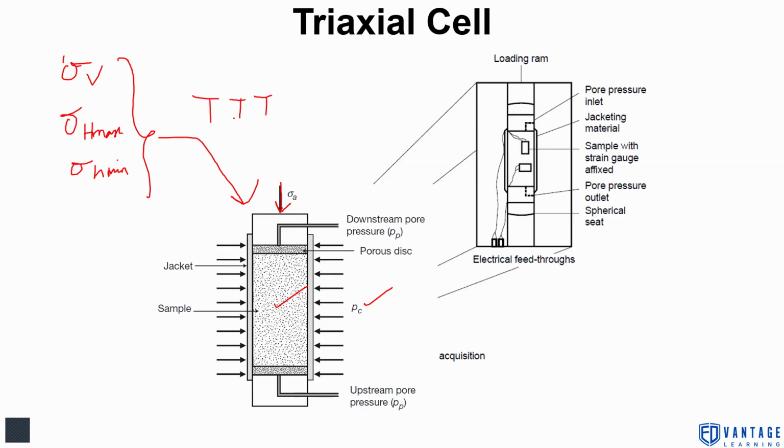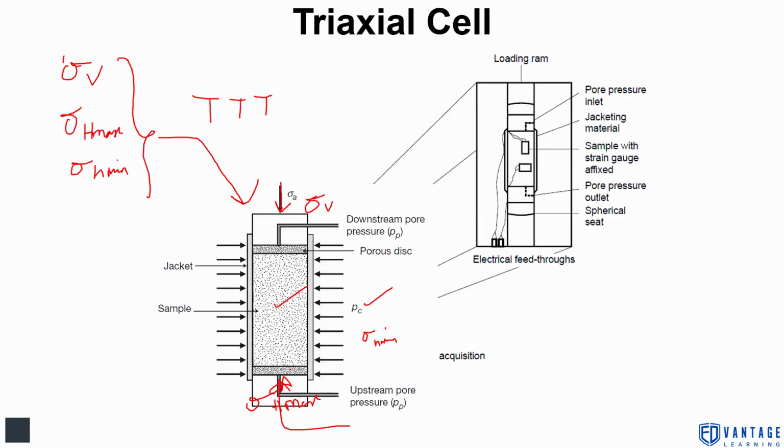In true triaxial test, what we do, we try to give the load from the bottom also, or load actually is given by the top upstream pore pressure. In this you can see upstream is here and downstream is here, right? We give load from both sides. So one load is sigma V. Sigma H min is your radial stress, and sigma H max is your second axial, right?